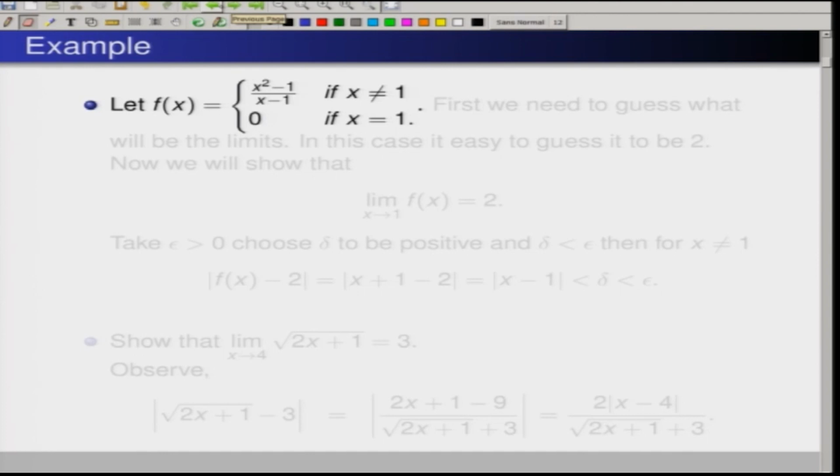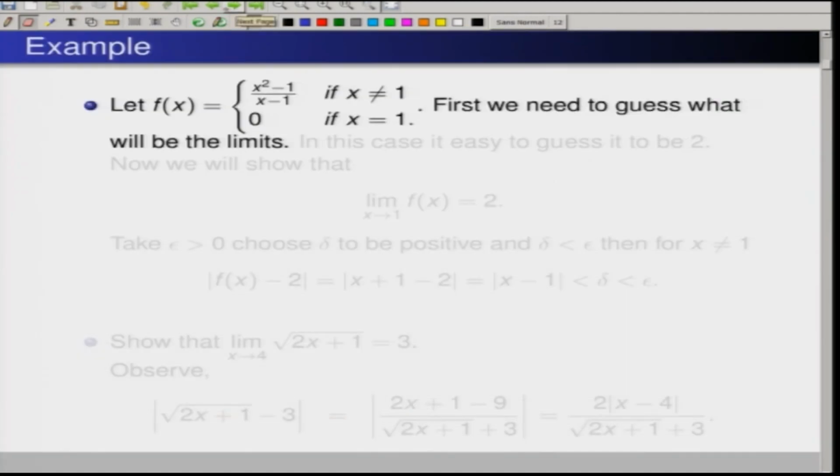Suppose we want to find the limit of f of x as x goes to 1. In our definition, we say the limit of f of x as x goes to a equals L if something happens. That means, if we are asked to find the limit, then we need to guess what our L should be. In this case it is easy to guess that L should be equal to 2.